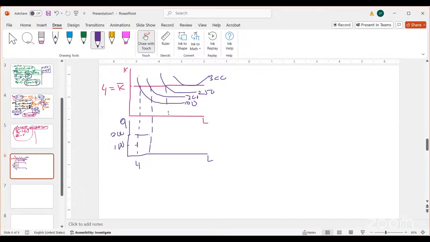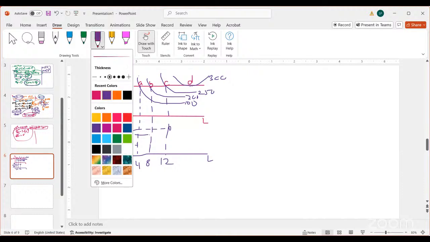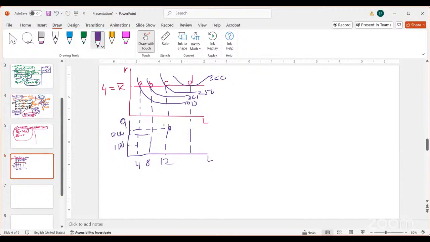Labor further increases, let's say 4, 8, 12, like that. Output increases to 250. So you can see the points A, B, C, D. Labor further increases, you can see the output increases to 300, somewhere here.